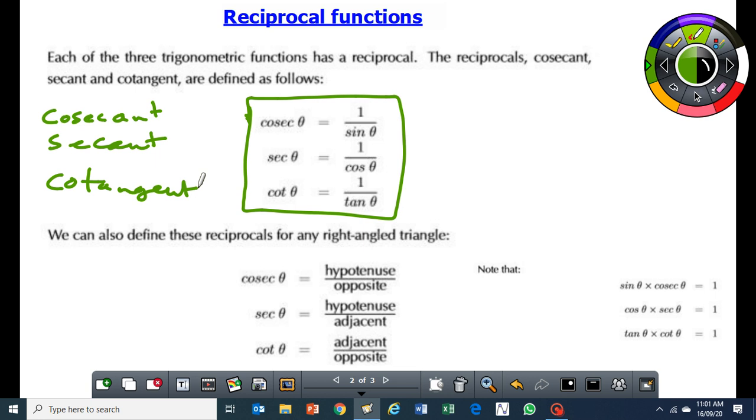I'm just giving you extra information, so that you know that these are not the full names of the reciprocals. The full names are these three.